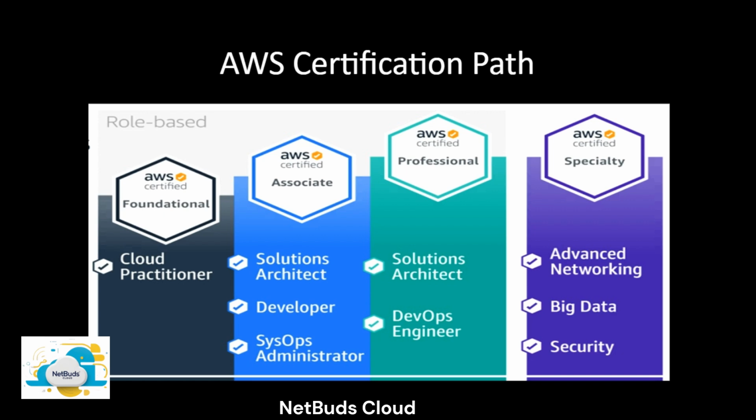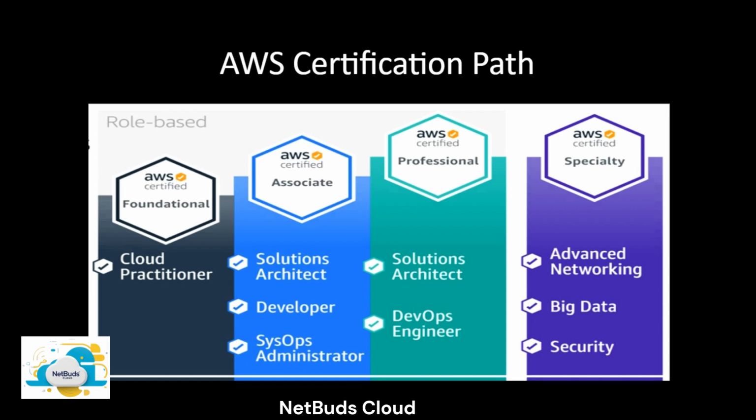So if you are looking at becoming a cloud engineer or junior solution architect, you can look at the solution architect certification. Then there is a developer certification in case you are interested in software development roles, where you will be developing on top of the cloud platform on AWS. If you are an admin kind of person from operations, there is a SysOps administrator certification. There is a clear distinction in terms of role in these 3 certifications.